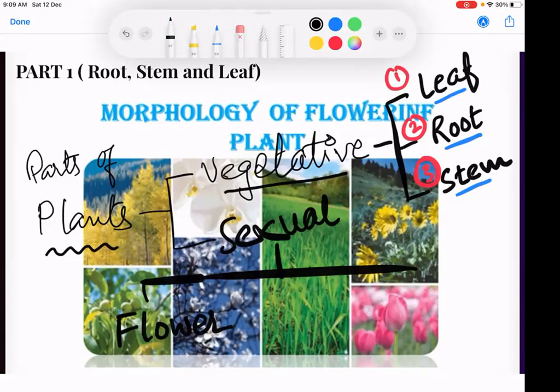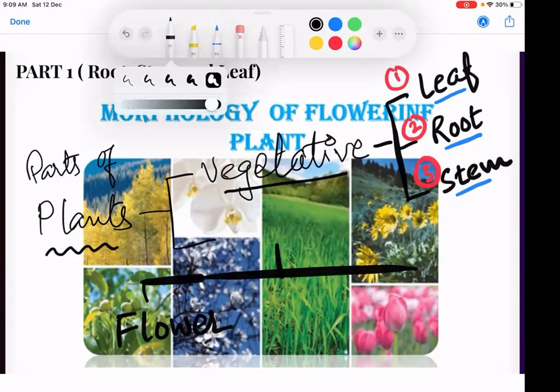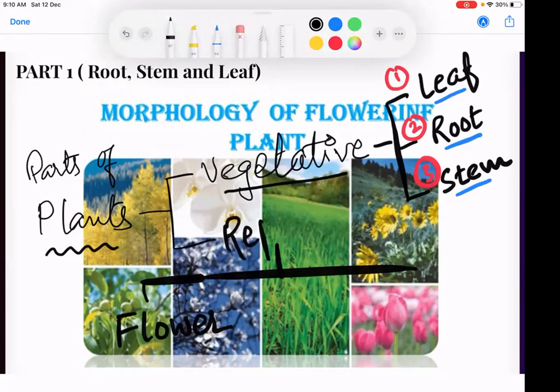It is reproductive. The actual name, sexual, is not a logical name. It is the reproductive organs. So flower is a chief reproductive organ of the plant, flowering plant specifically.